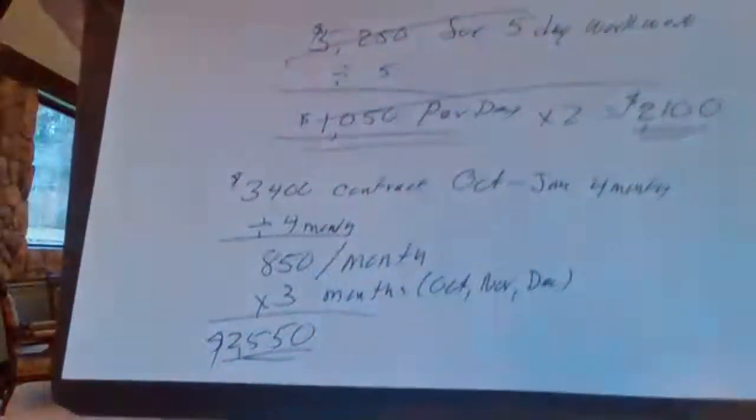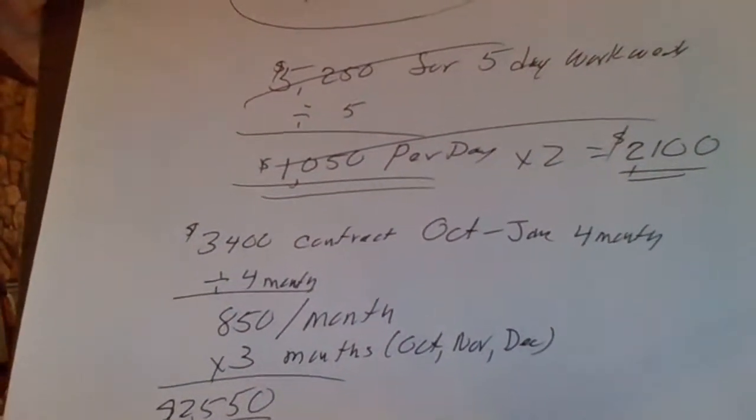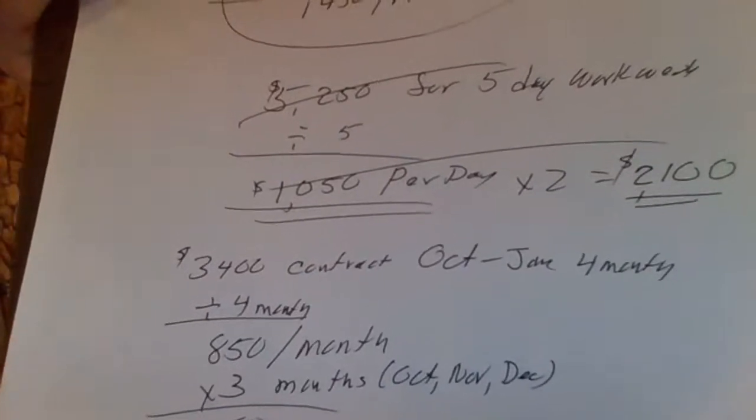And how many months expired between October and December 31? October, November, December, 3 months. So multiply by 3 months, and that's $2,550. Total contract was $3,400 for 4 months. We completed 3 months worth of work.